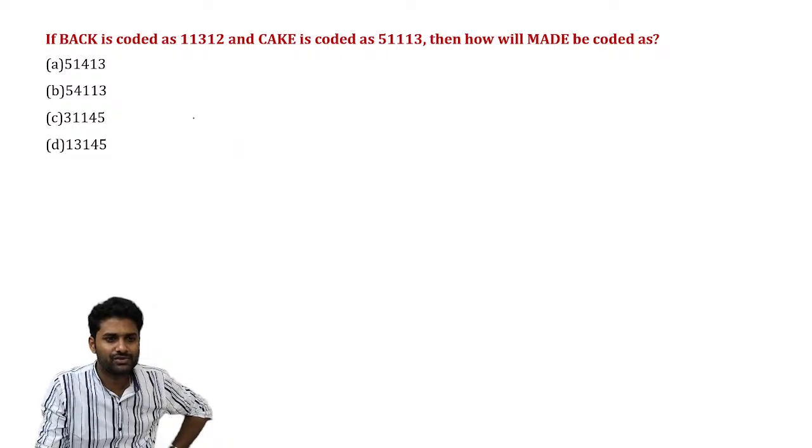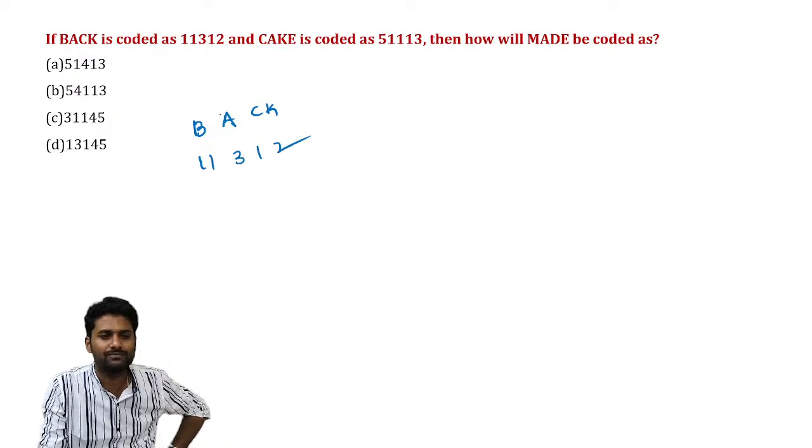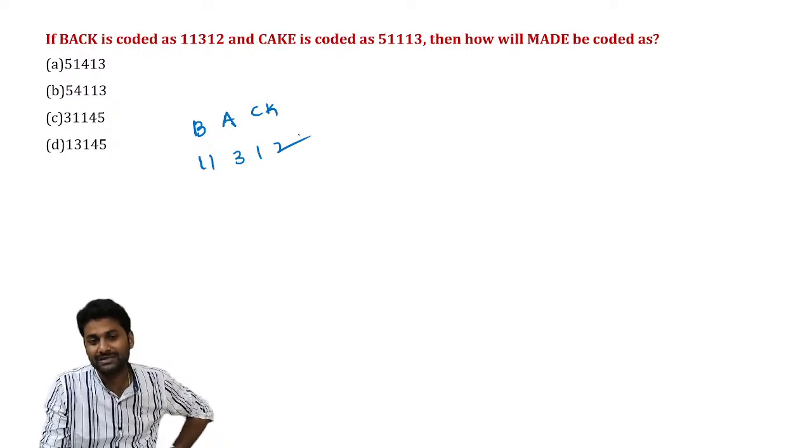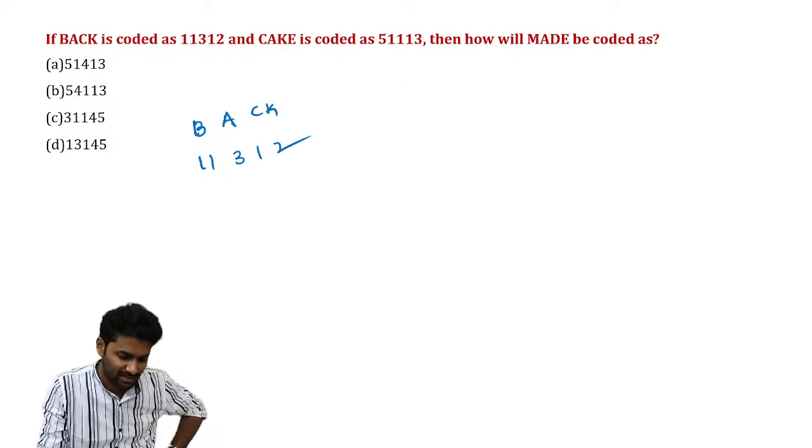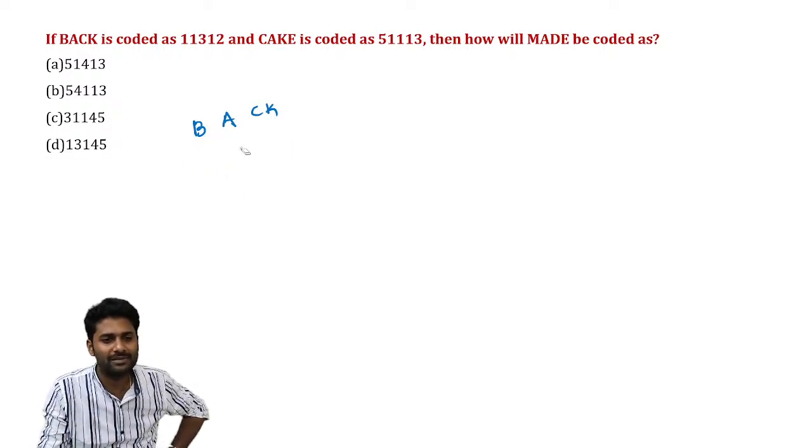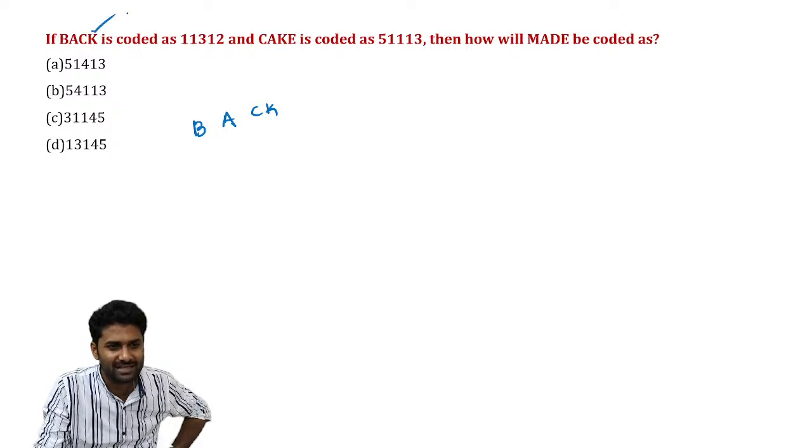Let's go through this question from coding and decoding. BACK is coded as 11312. Then CAKE is coded as 5113. Guys, if the number of letters is not equal to the number of digits, then you have to go through the alphabetical position. Now see, it is considered in this way. K is 11, C is 3, A is 1, B is 12.